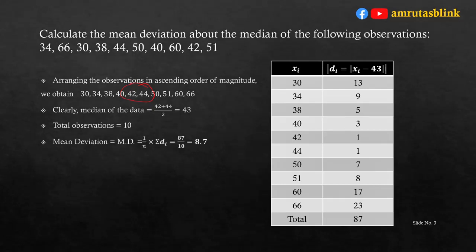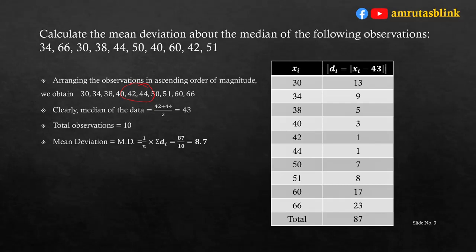As there are a total of 10 observations, n is equal to 10, and hence mean deviation is equal to 1 by n into summation di. First we need to calculate the deviation of each observation and then the summation of di. Now, we will create the table.